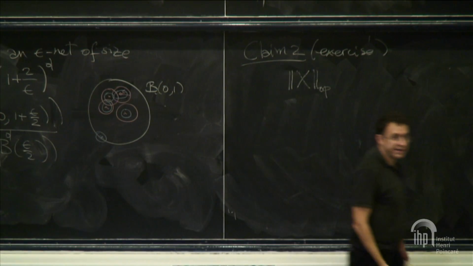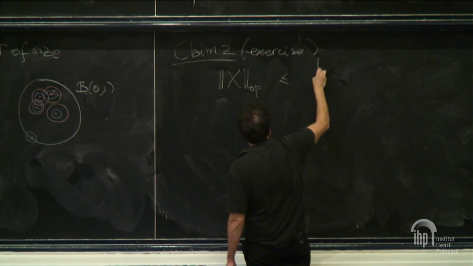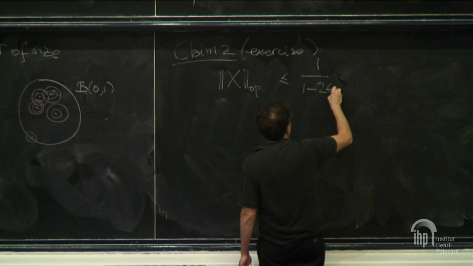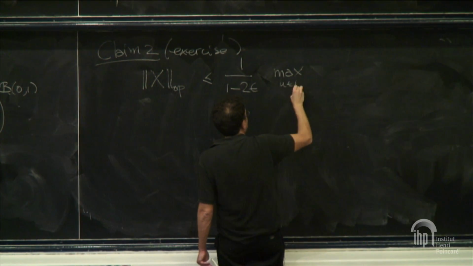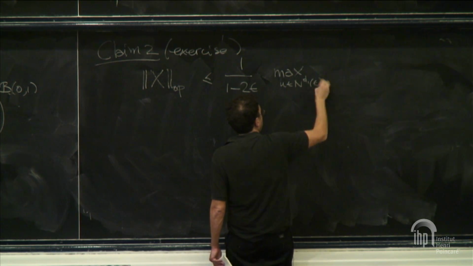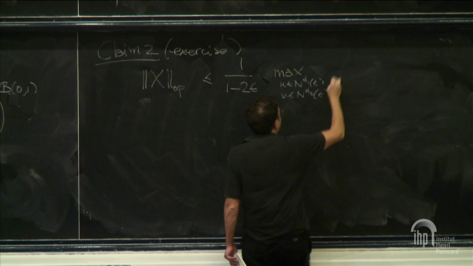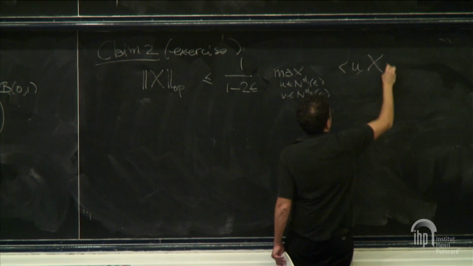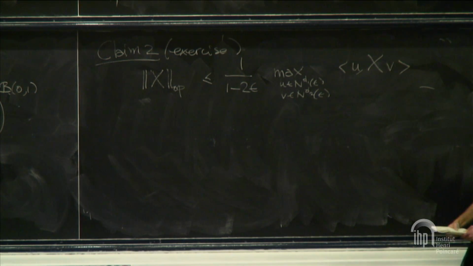Turns out that this already gives me an estimate of the operator norm in the following sense, that this is upper bounded by this. So this is a linear algebra fact, or a counting fact.